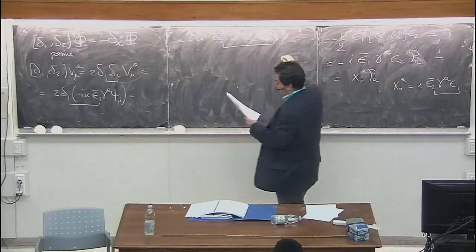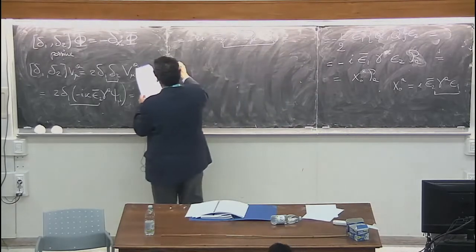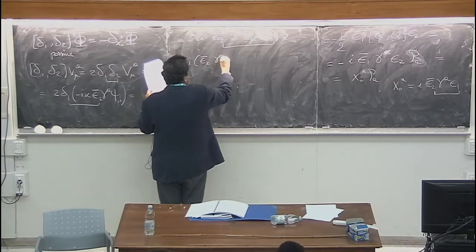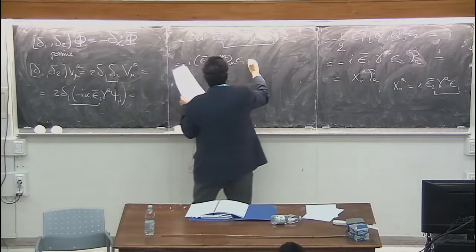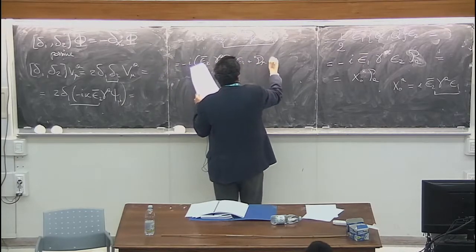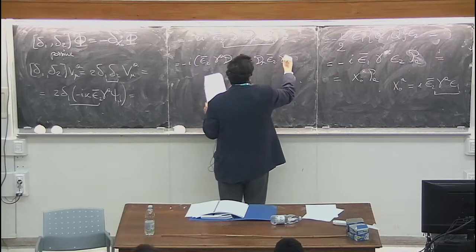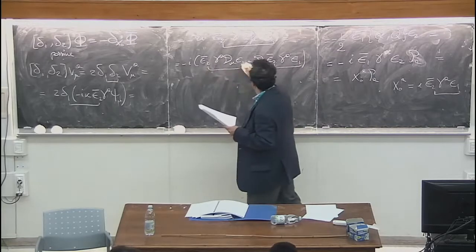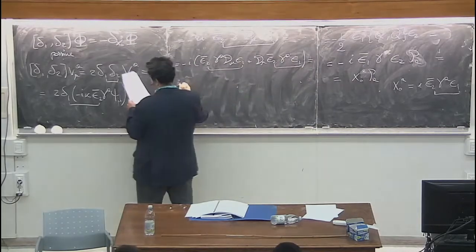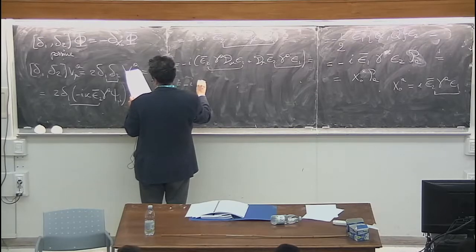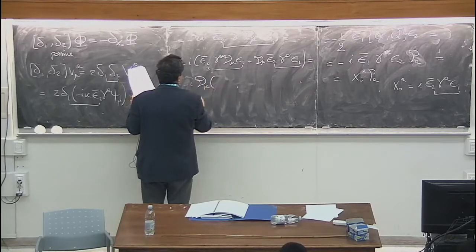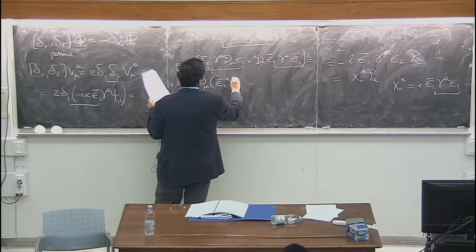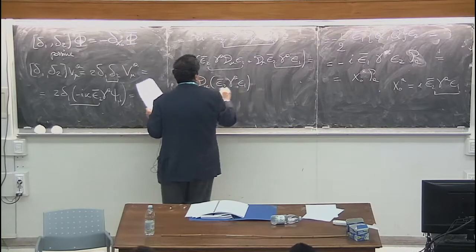What is this? This is equal to minus i epsilon 2 bar gamma A d mu epsilon 1 plus d mu epsilon 2 bar gamma A epsilon 1, anti-symmetrized. But this is nothing but a total derivative, minus i d mu epsilon 2 bar gamma A epsilon 1.